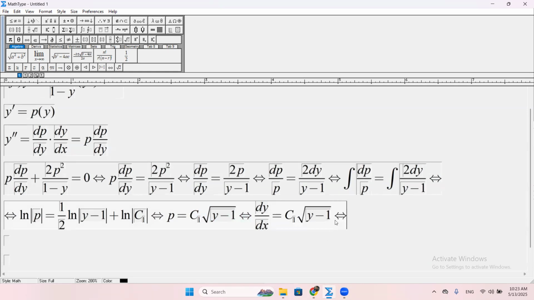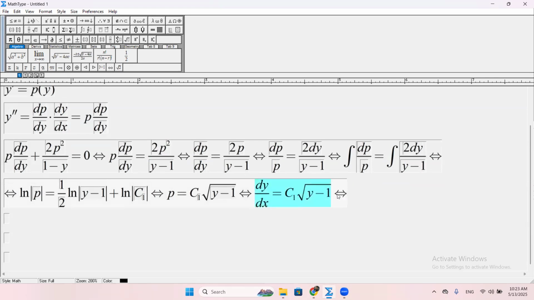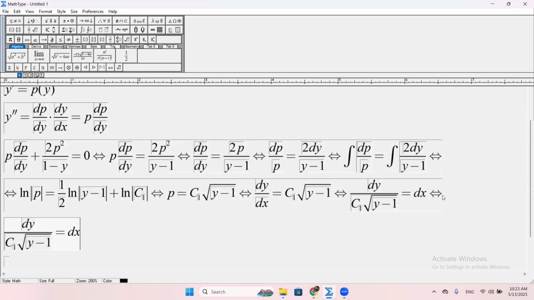This exercise is even simpler than the previous one. So dy over c1 square root of y minus 1 equals dx. So let us integrate this equation.